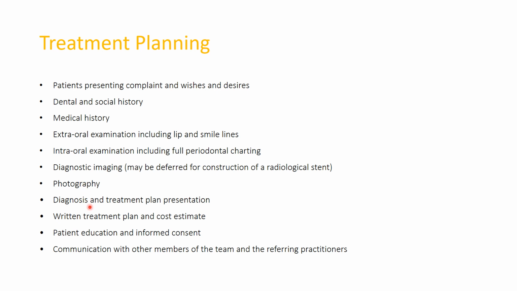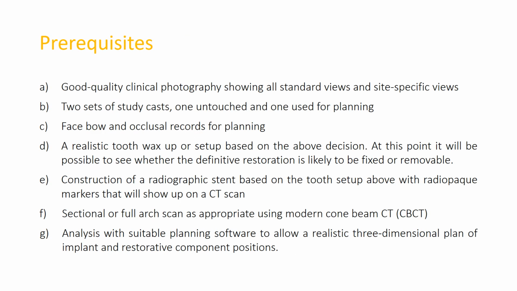Then we do the treatment planning and diagnosis and present the patient with the treatment plan, the time, and the cost estimate, inform the patient about all the factors involved, take proper consent, and only then do we go ahead with the treatment, with both parties mutually bound to the agreement.